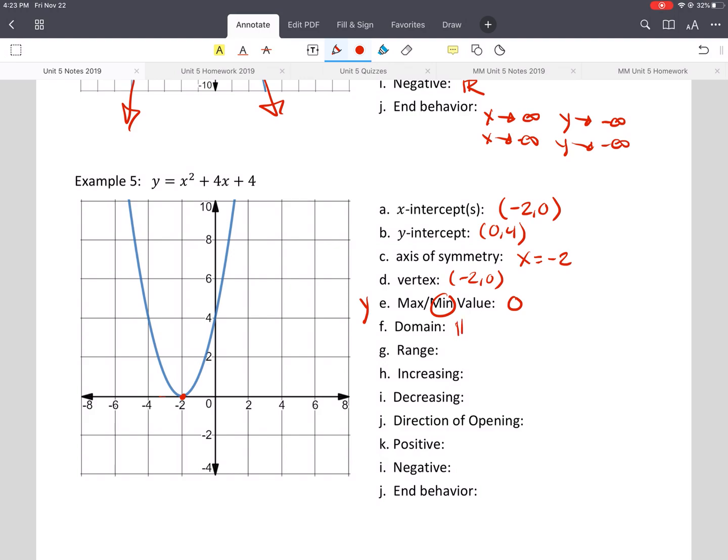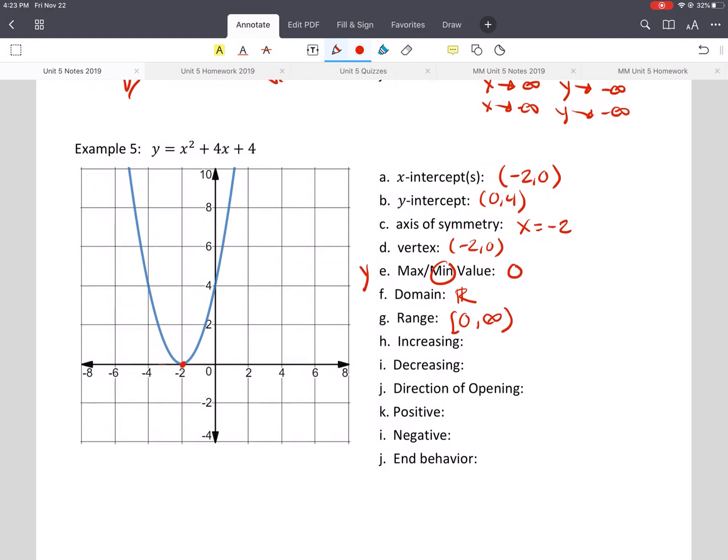Say range is all real numbers, or sorry, domain. I put it in domain, didn't say it right. Okay, range starts at 0, and goes all the way to infinity.